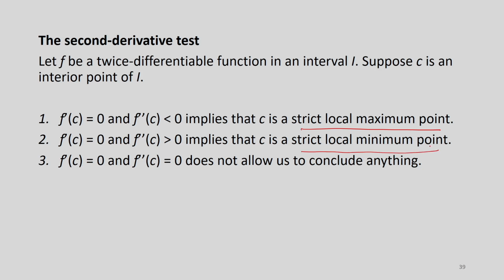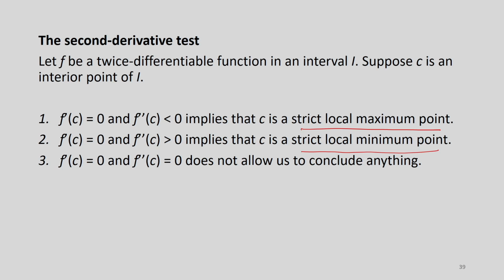So, in the second case also you have this property of strictness, which means that f(c) is strictly less than f(x) for any x in the neighborhood of c.